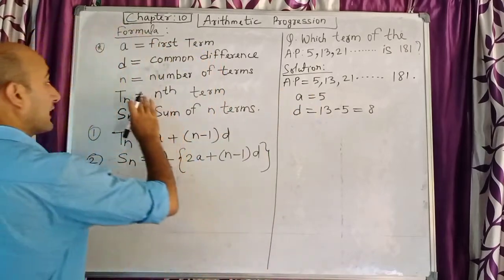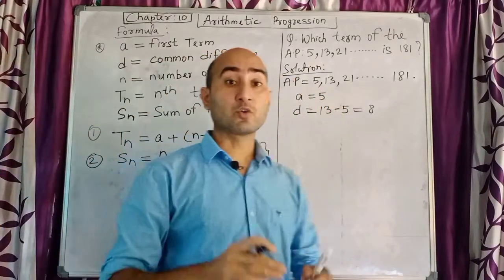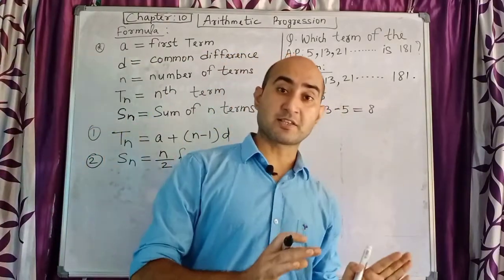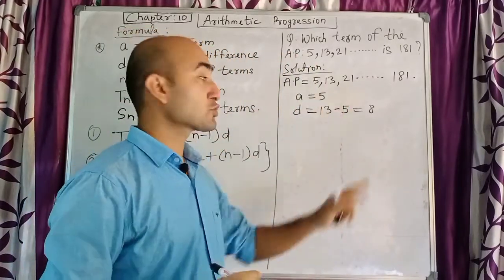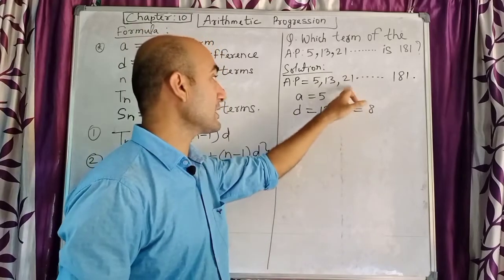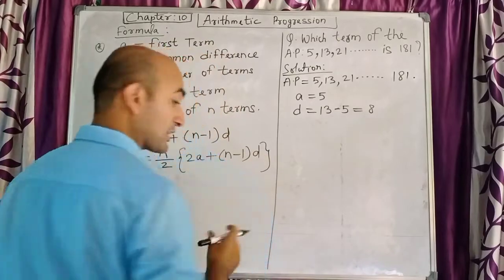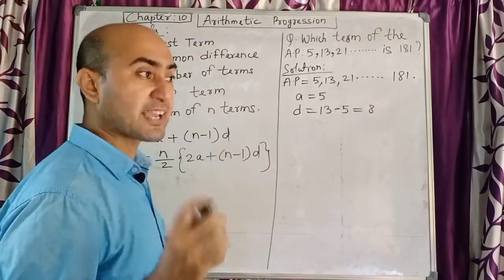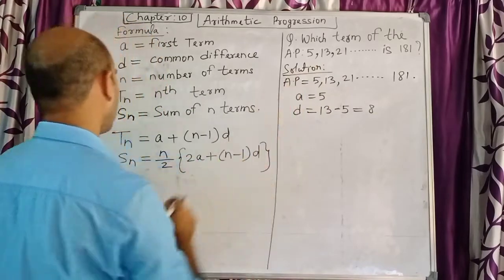So Tn means to know which term is in which position. In third position, who is there? 21. So this will be called T3. T3 means the third term is 21. That way we have to understand. Children are confused with n and Tn, which I will clarify with this example later on.